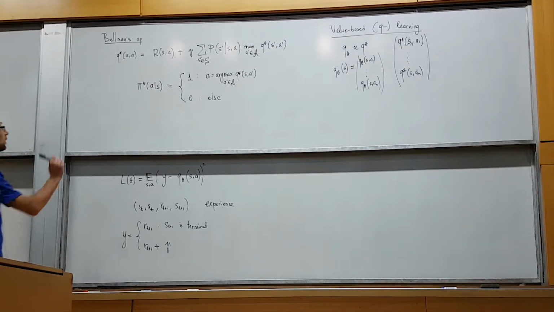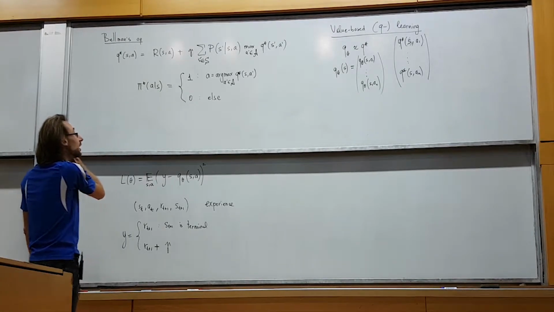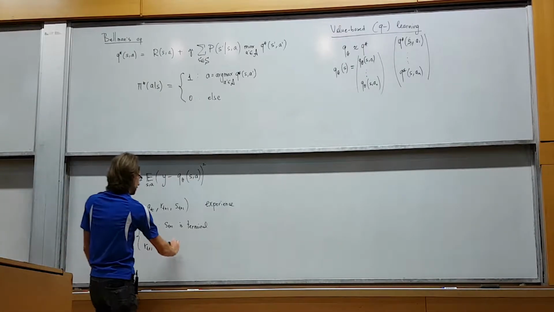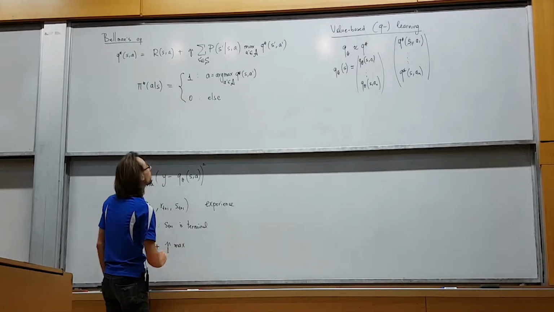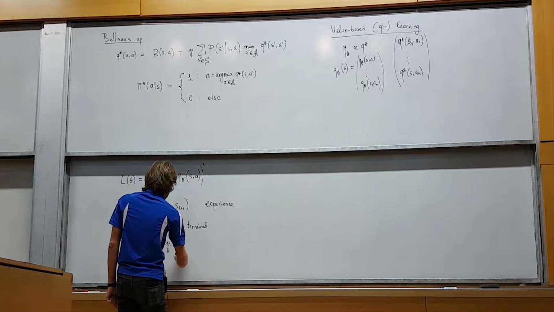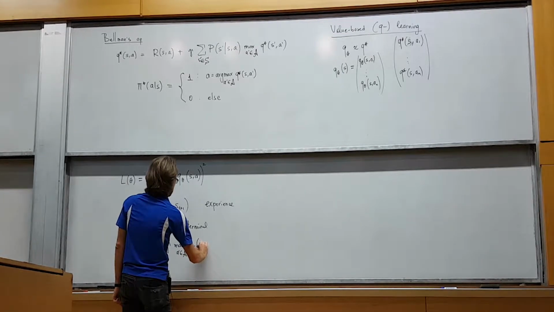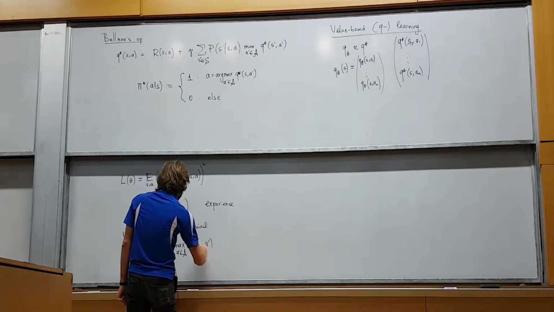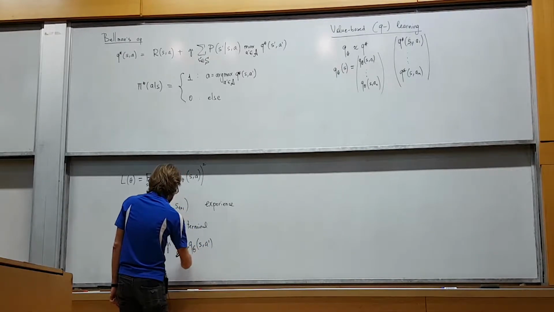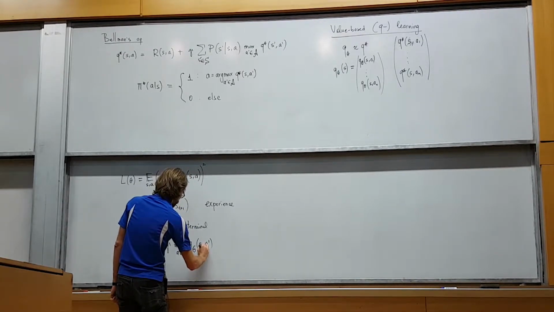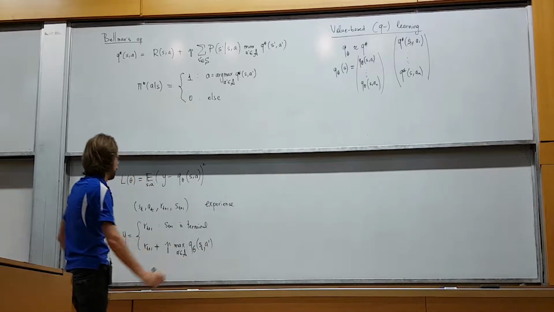So essentially, I'm just ignoring this averaging, and I will write gamma max over a prime of Q theta of S_{t+1}, a prime. And it should of course be S_{t+1}.